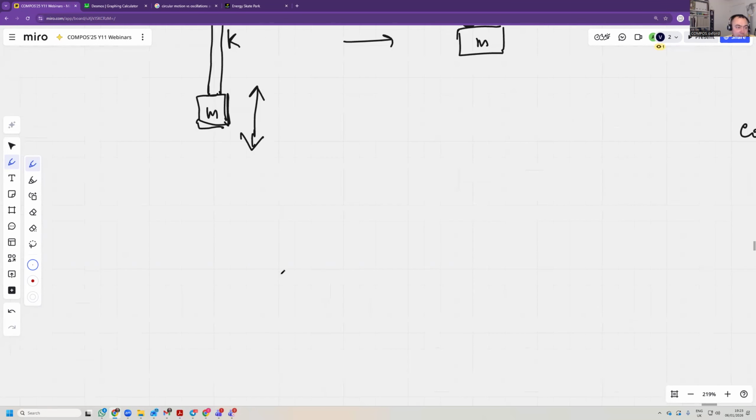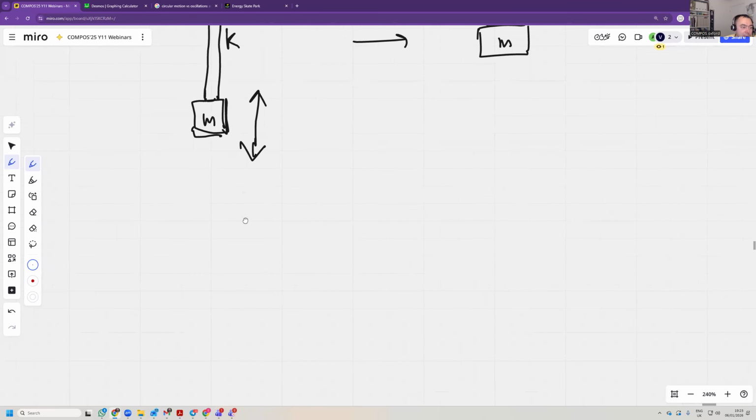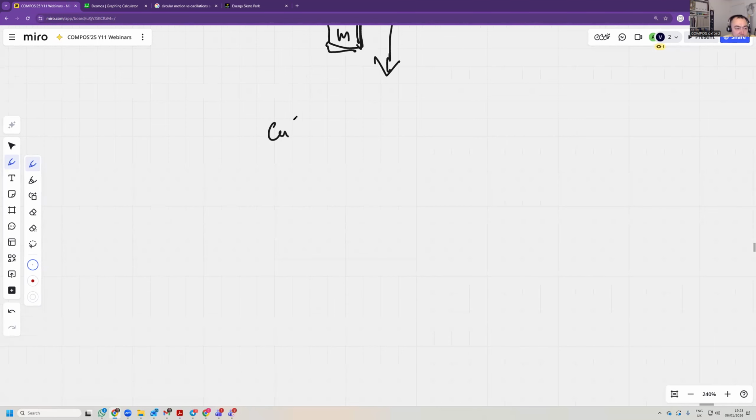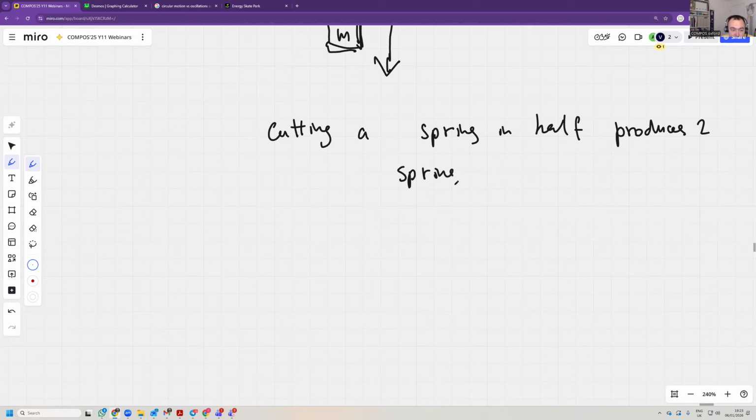Why does cutting a spring in half produce two springs with double spring constant?